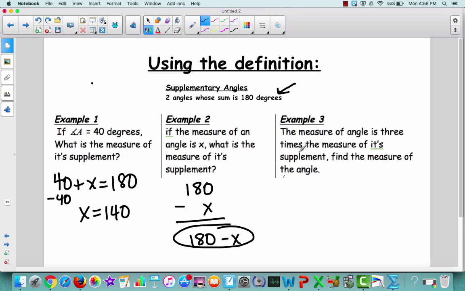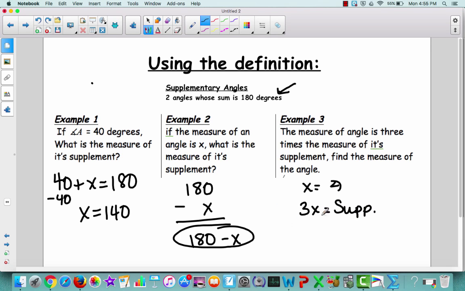All right, they get a little bit harder if I ask you to use a word problem. The measure of an angle is 3 times the measure of its supplement. Find the measure of the angle. So this is what I did. Number one, we're going to let x equal the angle, and 3x equal the supplement.